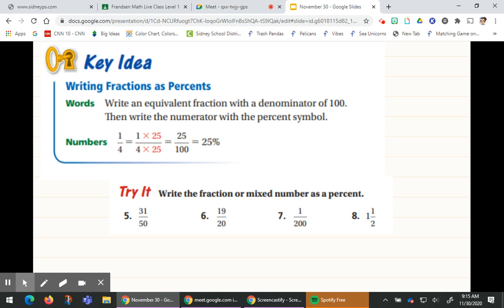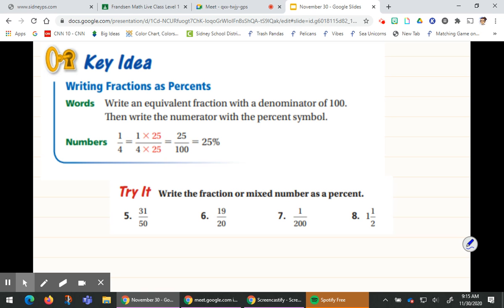Okay. Here's the next one. Writing fractions as percents. To write an equivalent fraction with the denominator of 100, write the numerator with the percent symbol. Okay? So if you're given the fraction and you're told to write it as a percent, here's one of the ways you can do it. You can set it equal to 100 and then just multiply by the factor it needs to get to 100, both on the top and the bottom.